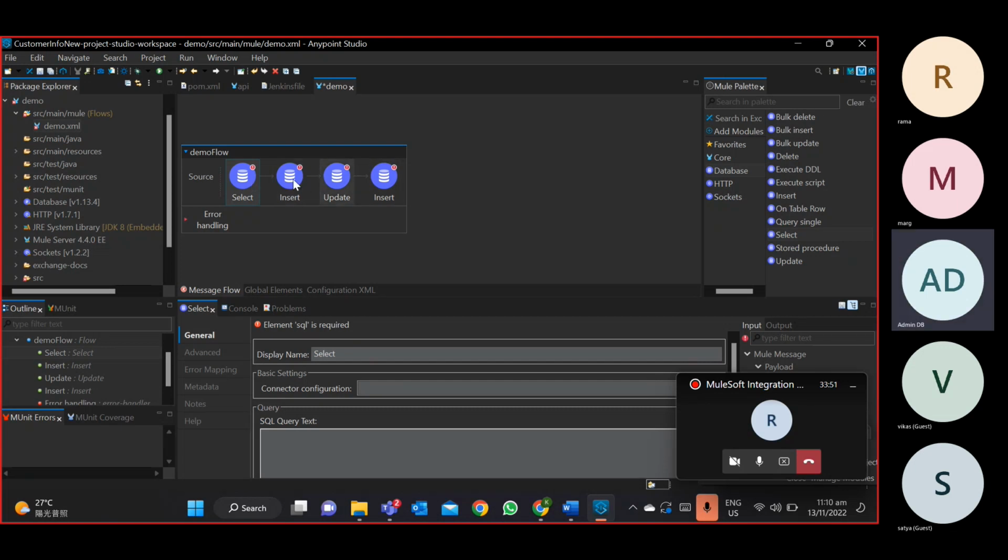So this read operation will not participate in the transaction, but these are all write operations, either inserting or updating. Whenever we have a write or update operation in the database, it will support transaction. As I mentioned, there will be one transaction manager who will manage and control this transaction.